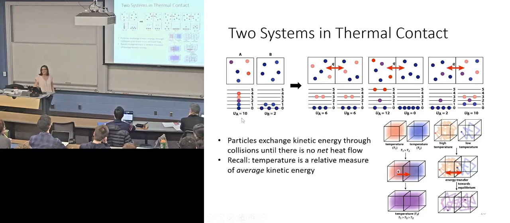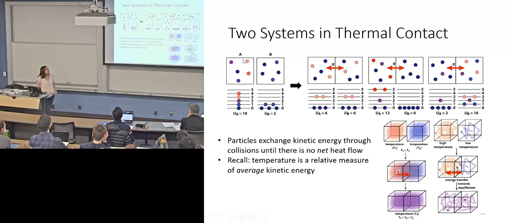It's 10, right? So we could sum it up: 1 times 0, plus 1 times 1, plus 1 times 2, plus 1 times 3, plus 1 times 4. This is also given to us. So the energy of the system is 10. If I divide it by the number of molecules, 5, the average kinetic energy of this system would be 2.